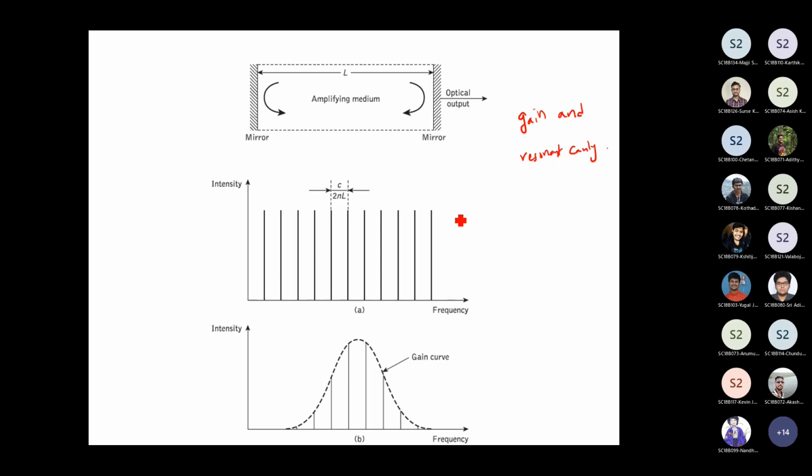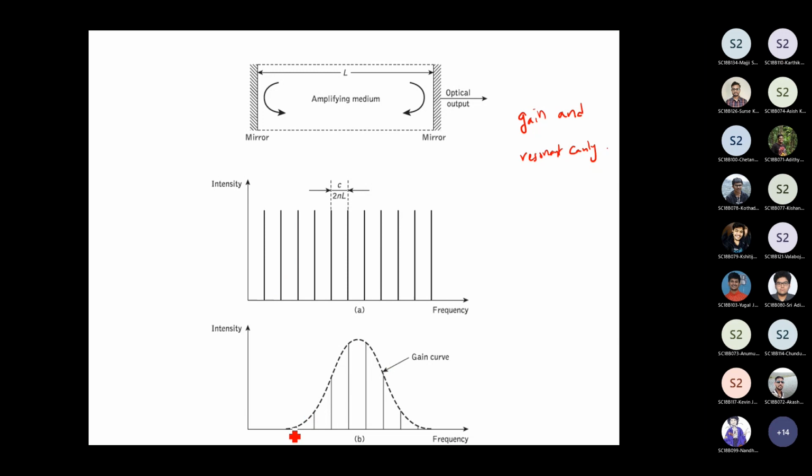A resonant cavity can support infinite frequencies. So the frequencies that can be supported in the end are actually a convolution between the response of this cavity and the response of the gain medium.